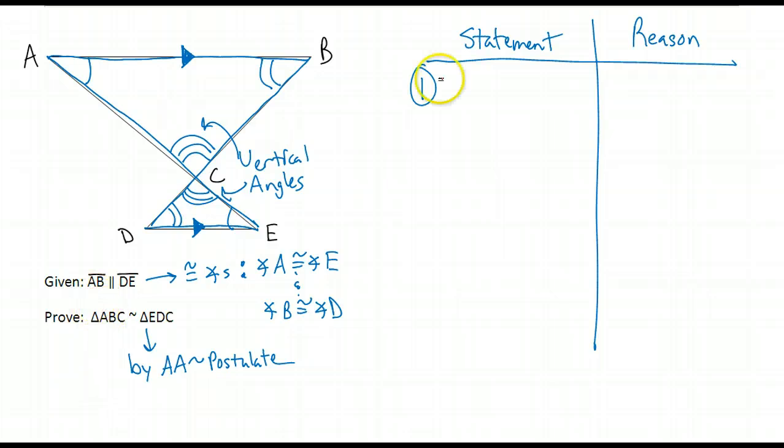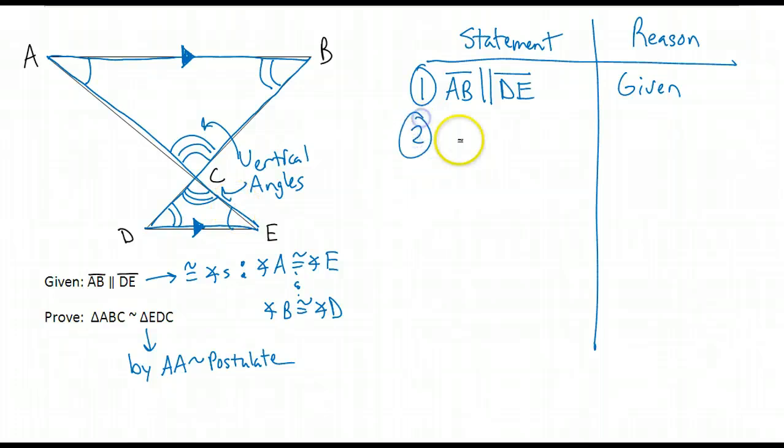My first statement is going to be my first given. Now, if I have parallel lines cut by a transversal, my alternate interior angles are going to be congruent. So that's going to be my second statement.